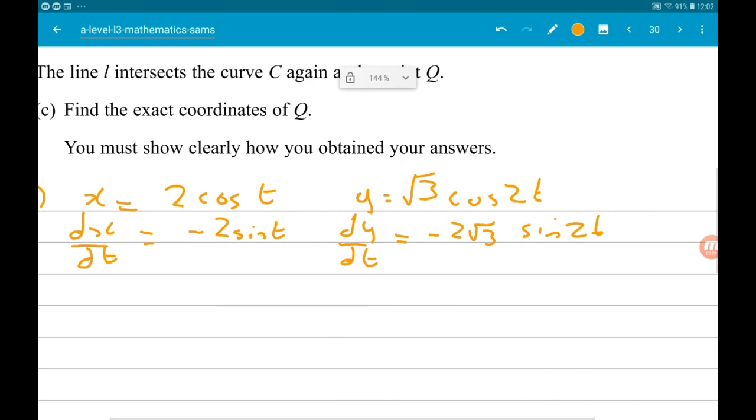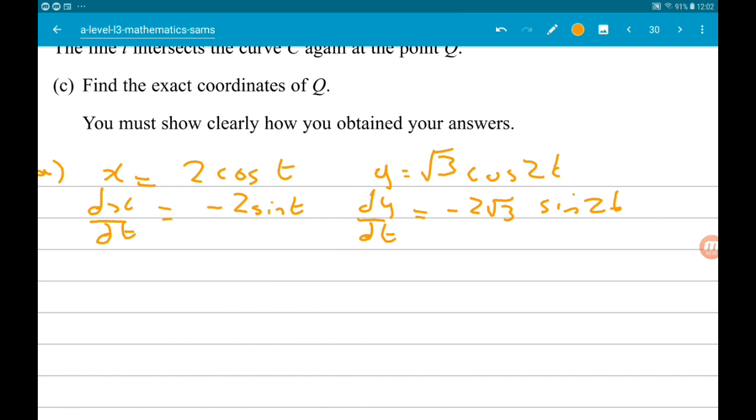Now dy by dx is equal to dy by dt times dt over dx.